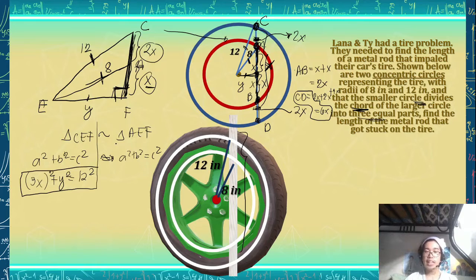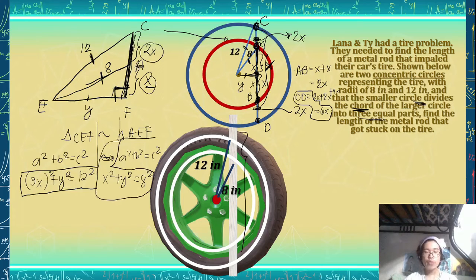And for triangle AEF, the hypotenuse is equal to 8, so that's gonna be 8 squared, and the height is just equal to x squared, and the base is just equal to y squared. Okay, so this is gonna be the formula for triangle AEF.